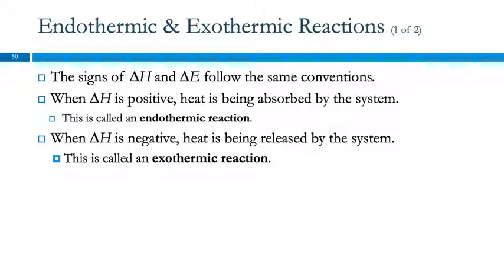Thermal refers to heat, and endo is like the word into, meaning into or inside. So endothermic is heat going into the reaction, into the system. Exothermic is heat being released by the system. Exo is like exit, which means to go out. So endothermic is heat coming in, exothermic is heat going out.